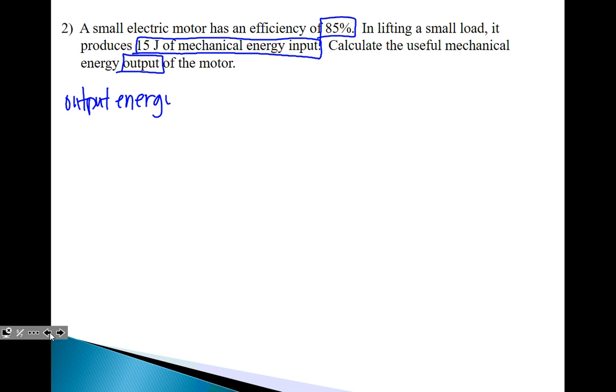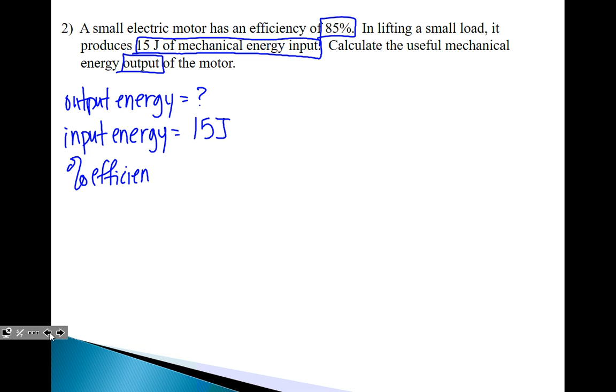Now in this case, we're talking about mechanical energy, so you can just use output energy, input energy. We're looking for the output energy. We have our input, and our input energy is equal to 15 joules, and we also have our percent efficiency, which is equal to 85%.